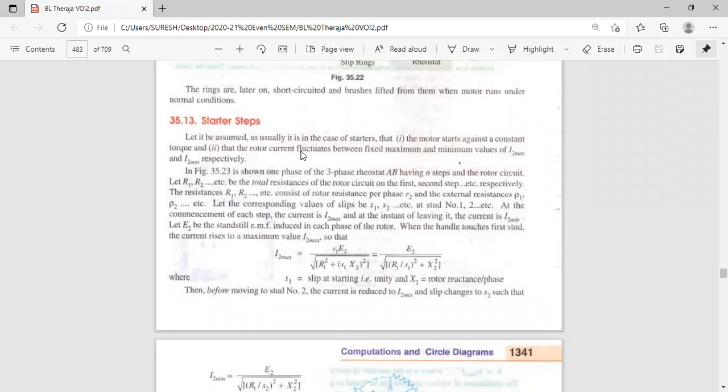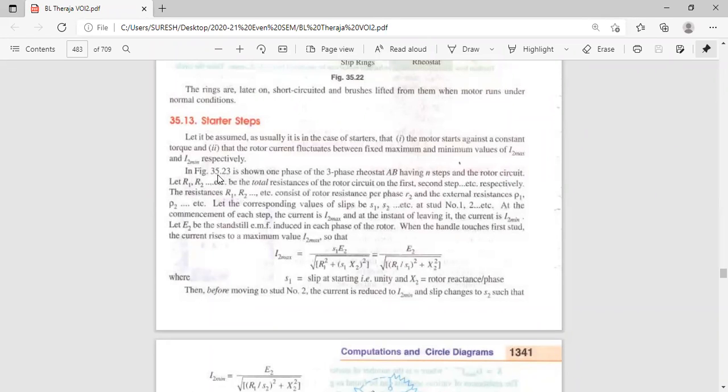Here they are taking the rotor current, not the stator current. That's why the rotor current fluctuates between I2 max and I2 minimum, and the suffix is 2 because it represents the rotor. This is very important. If you understand this concept, what is I2 max and I2 minimum, nothing is difficult in the derivation.